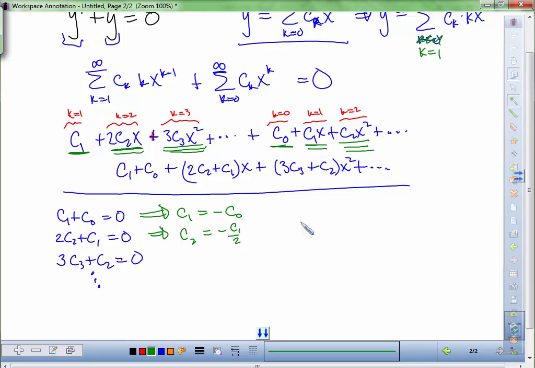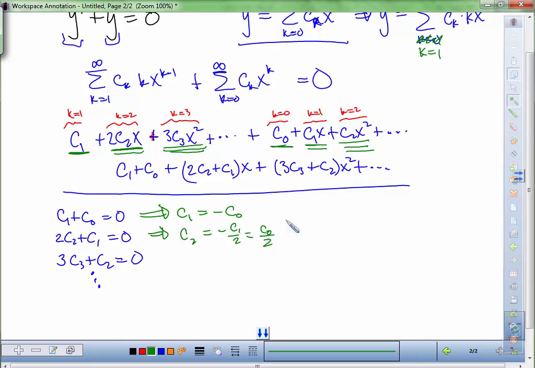Is that correct? But what is C1 equal to? We have to kind of domino back to the original. C1 is equal to negative C naught. So this looks like it's going to be a plus. It would be C naught over 2.